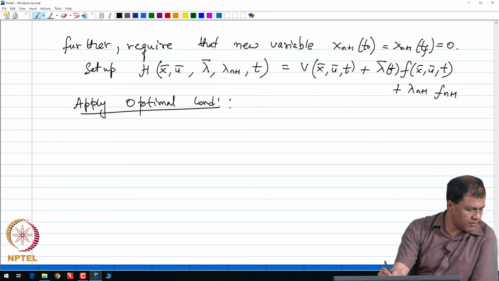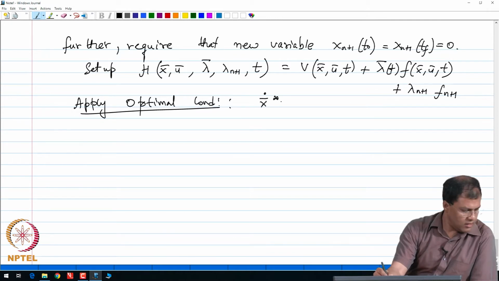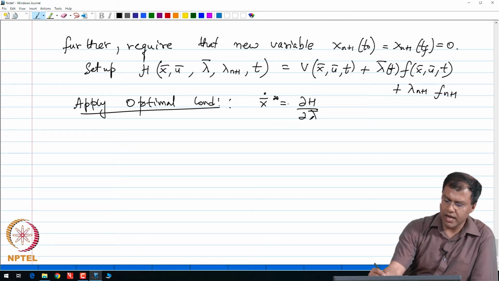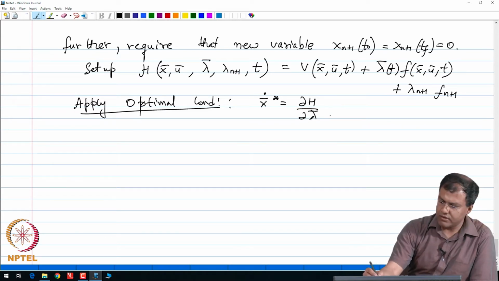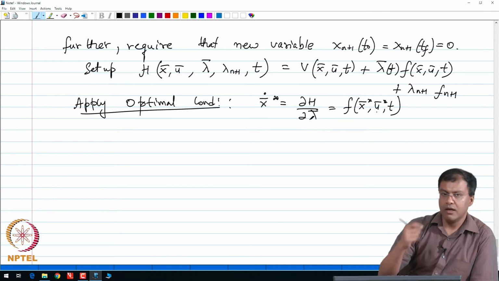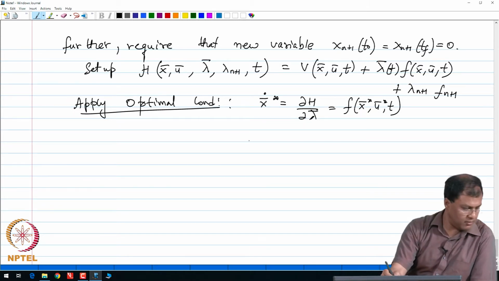We see that we have to solve the following set of equations: x bar dot star is equal to partial h partial lambda, right, this is the state condition, and we see that partial h partial lambda will be f. So, f at x star comma u star comma t. So, this is my optimal condition for the state variables.